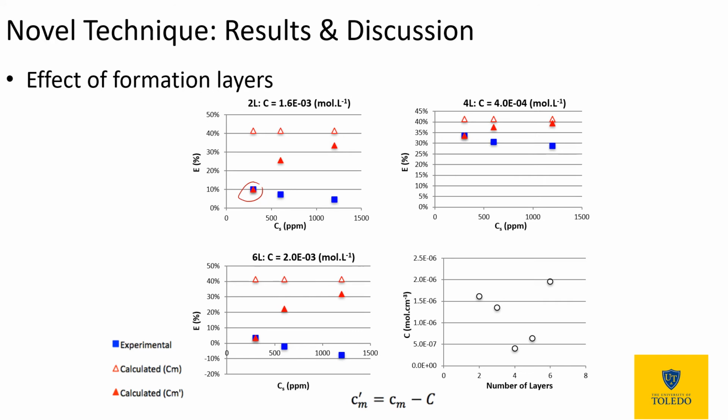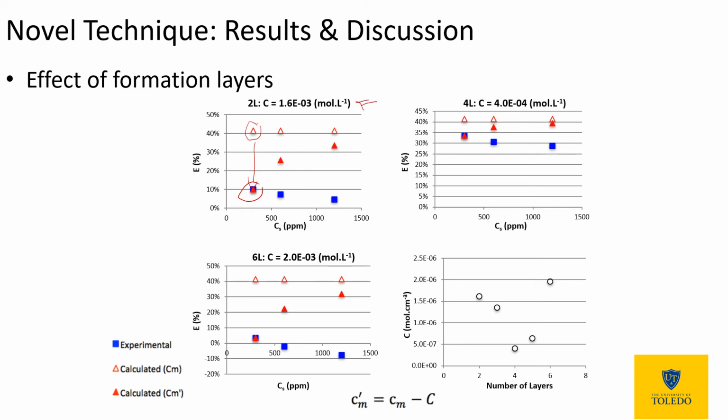So for instance, for the 2-layer membrane, in order to bring the predicted enrichment from 40% down to the experimental value, which is around 10%, we had to subtract off a certain amount of salt concentration in the membrane, which is given by the value of C in the title for that chart.